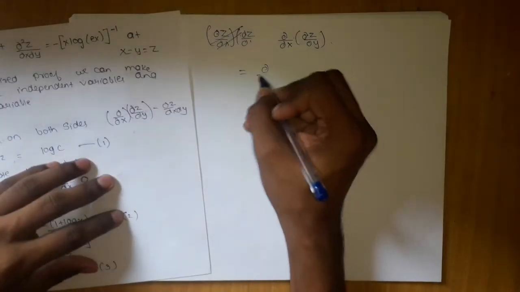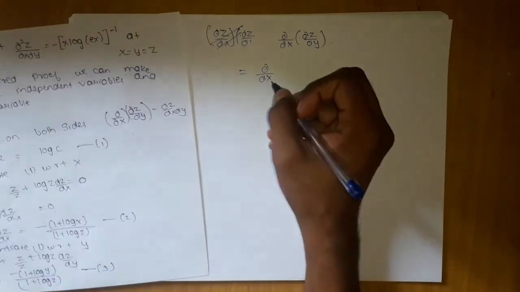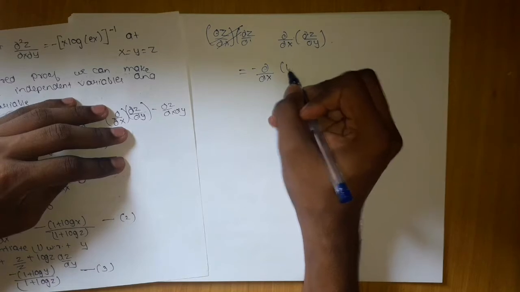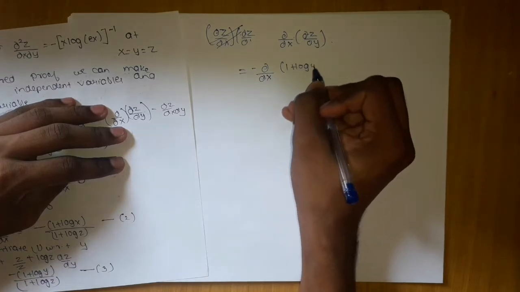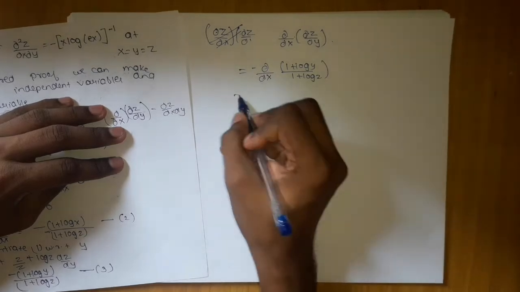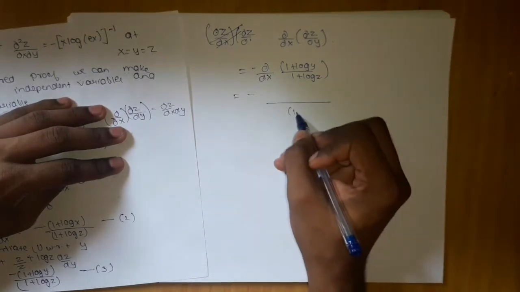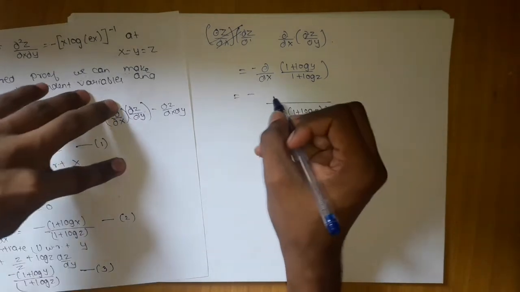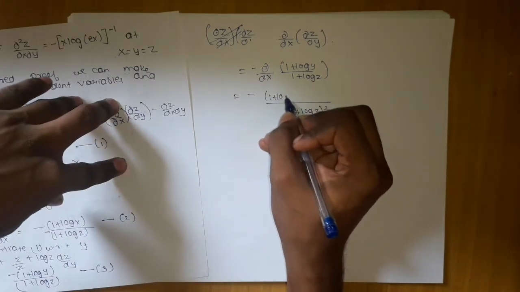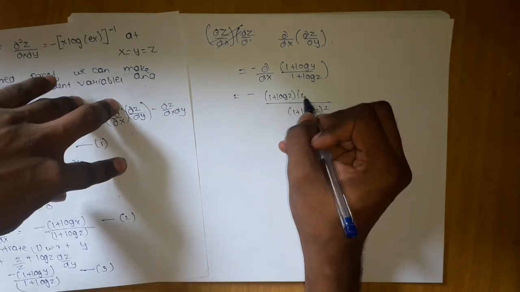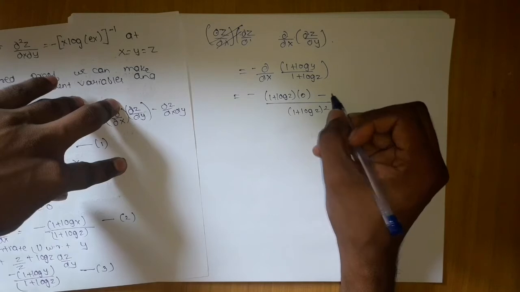If I do the differentiation with respect to x, let me substitute the value. I will take minus outside. 1 plus log z the whole square. Here it will be 1 plus log z into this. Its differentiation will be 0 since we are differentiating a constant.